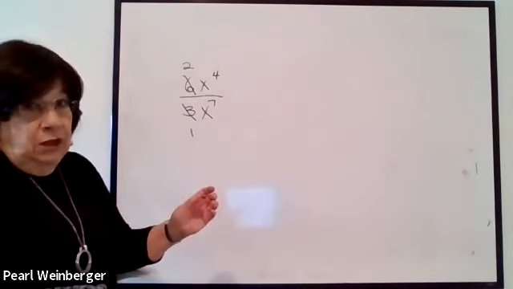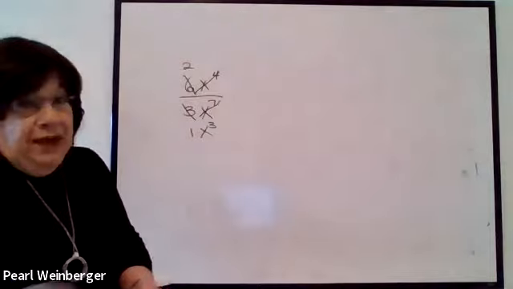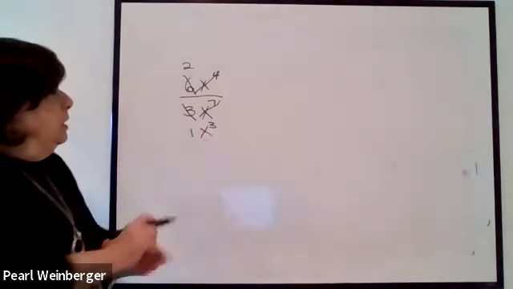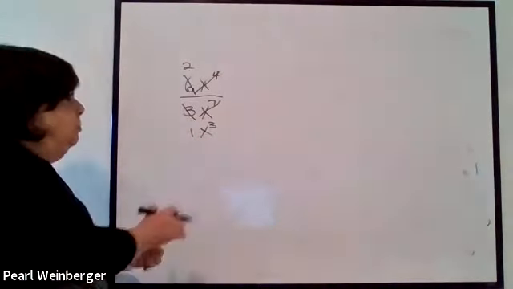And when I divide the x to the 7th by the x to the 4th, it'll give me 7 minus 4, it'll give me x to the 3rd. Notice, I'm getting x to the 3rd, which you expect, but the x to the 3rd is in the denominator. In other words, your final answer comes out to be a 2 on the top, and you don't have to put on the 1, x to the 3rd in the denominator.